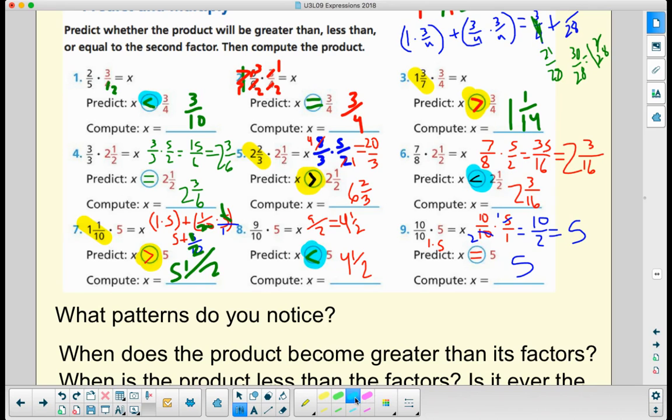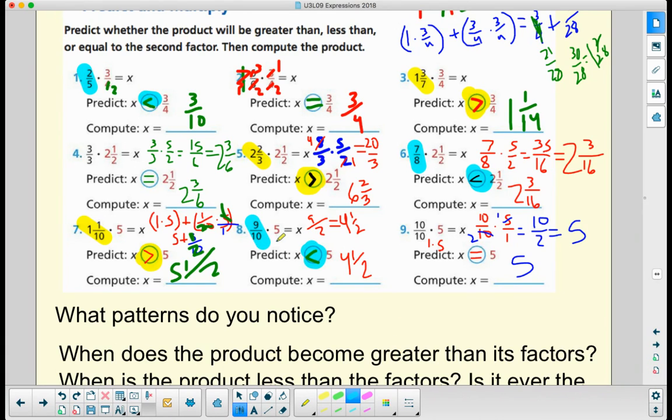All right. So my other factor is 2/5, less than 1. My other factor is 7/8, less than 1. My other factor is 9/10, less than 1.